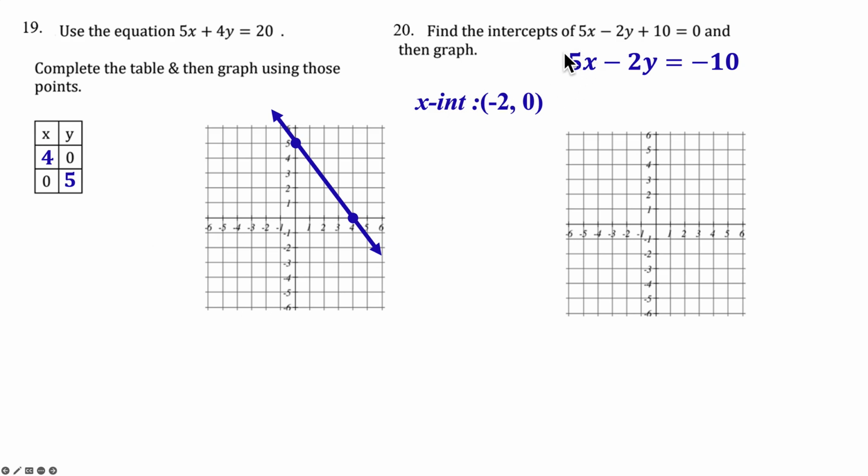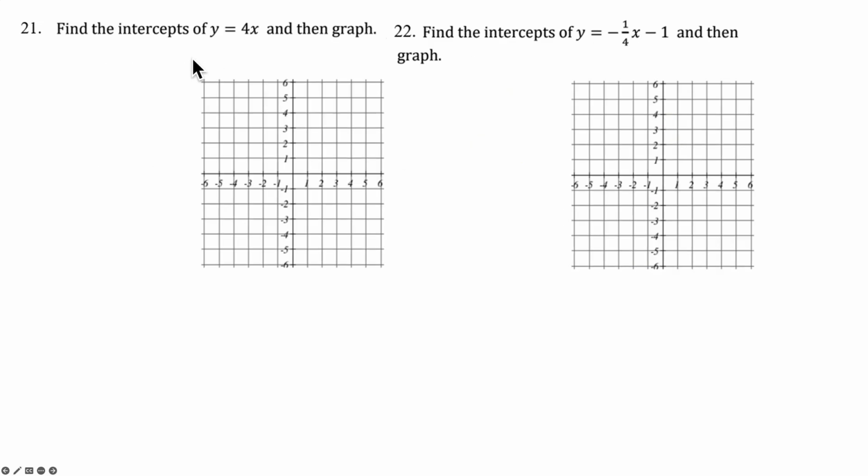Find your y-intercept, cover up your x term, negative 10 divided by negative 2 is positive 5. Plot your points, draw your line. And hopefully you start to notice a pattern, and you'll notice that capital A and capital B are dividing evenly into capital C, and we have standard form.